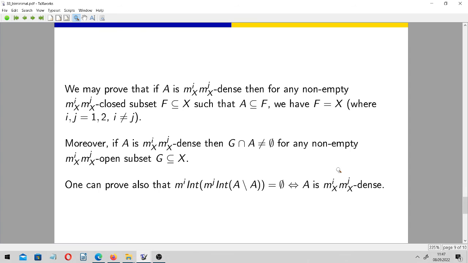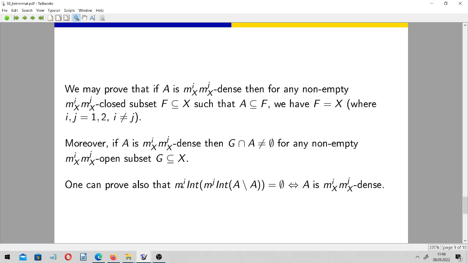And there are several theorems. For example, we may prove that if A is Mi, Mj dense, then for any non-empty Mi, Mj closed subset F such that A is contained in F, F must be equal to X. And if A is dense, then it has non-empty intersection with any non-empty Mi, Mj open subset.